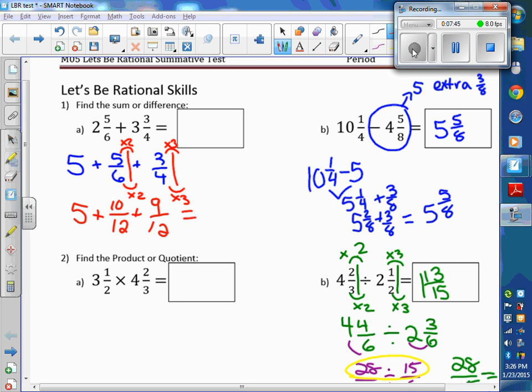So that's 5 and 9 and 10, 19 12ths. 12 goes into 19 once, right? So now you have 6. And then you've got 7 left over.